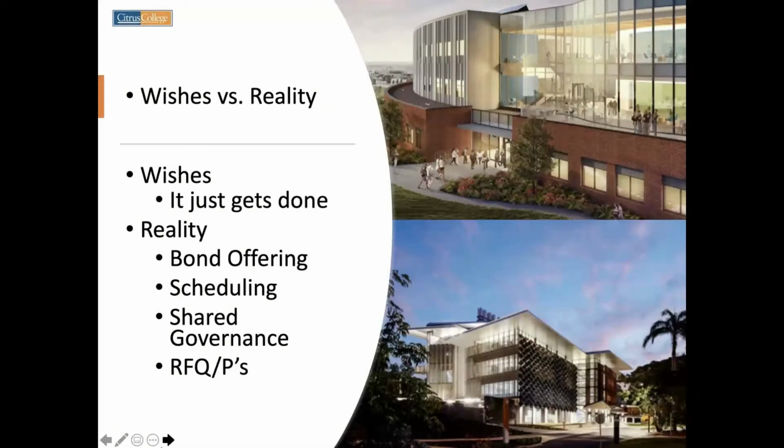The next reality is the fact that in order to get anything going, we have to go through the process of bringing the consultants on board, all of the professional services. Those are all procured by a typical request for qualifications and proposals method. Ours are done by not only invitation, but they're also published in the paper. We do that for a number of reasons.